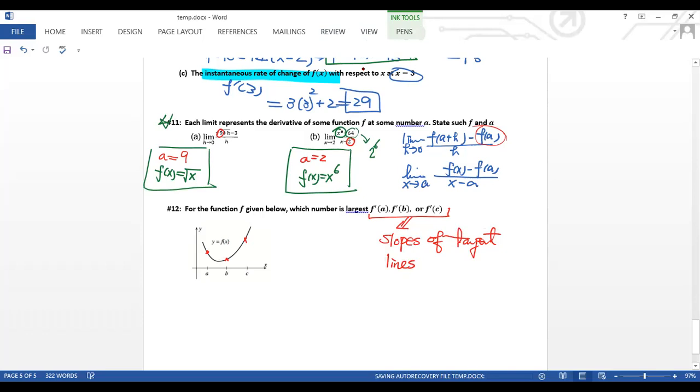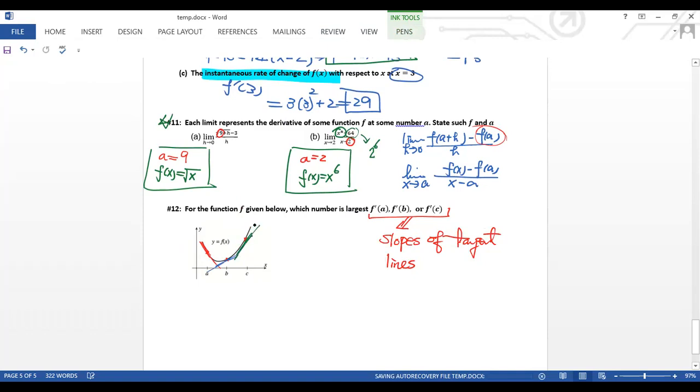Okay, so let's take a look at A, the slope of the tangent line, right? So this will be my tangent line here, the red one. Now B, so this will be my tangent line here. And the C here, this will be my tangent line here.